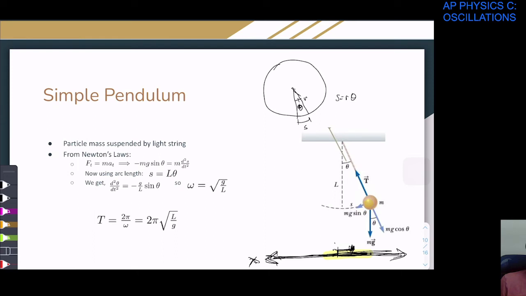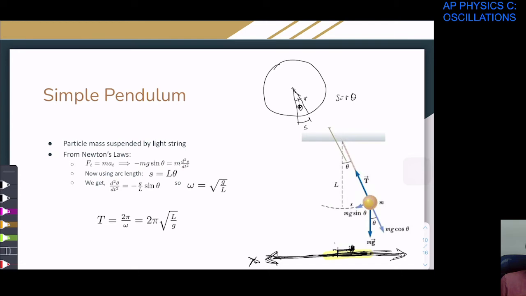Okay, so we'll pause for a second here. This term on the left here is acceleration, right? The key thing is that in harmonic motion, we're interested in when acceleration is proportional to position.